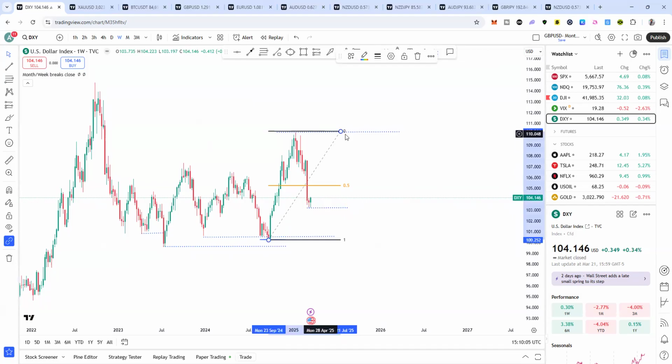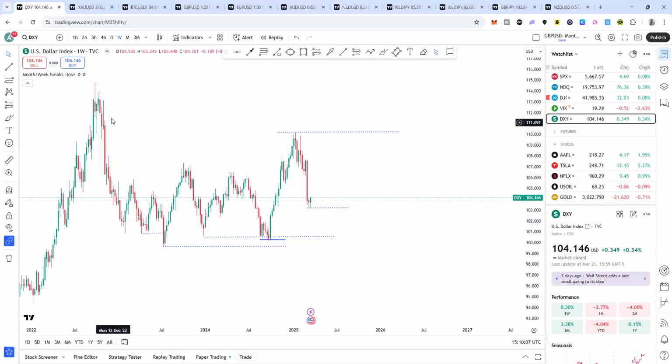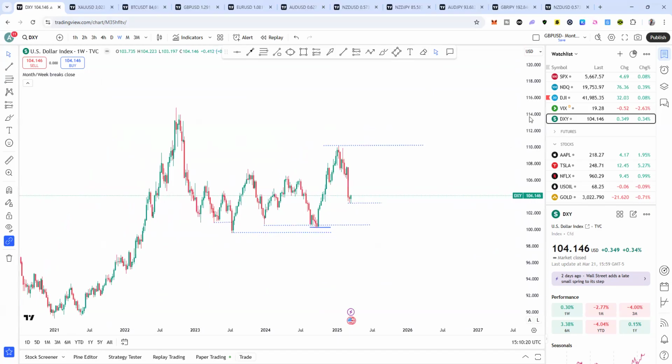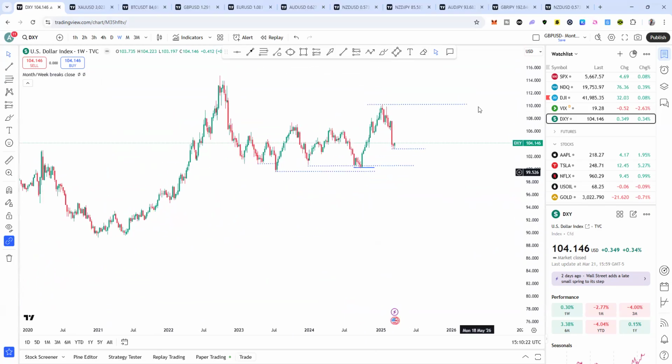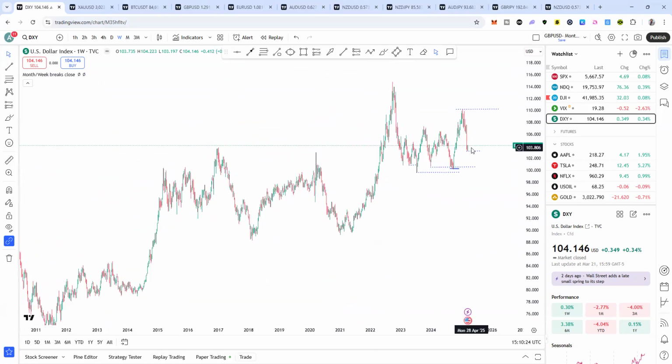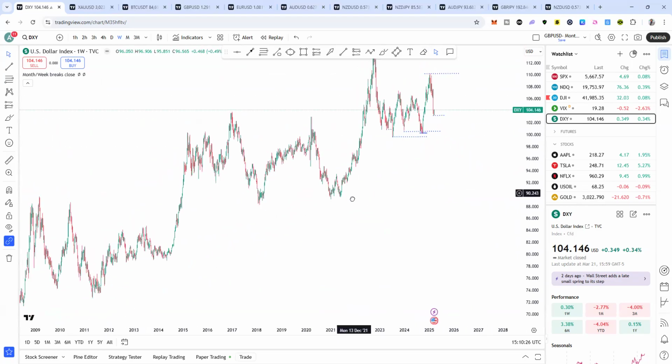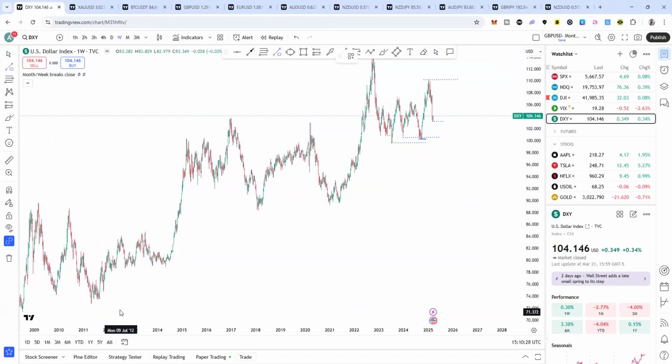Like I always say on this channel, the dollar is bullish. Any opportunity to see a sell-off of the dollar is just a retracement. Overall, if you look at the dollar chart on the higher time frame, the weekly time frame, you see that what we have is a bullish trend for the dollar.